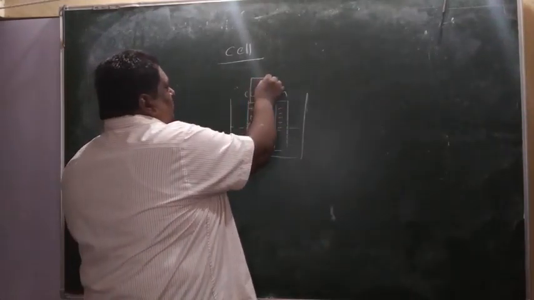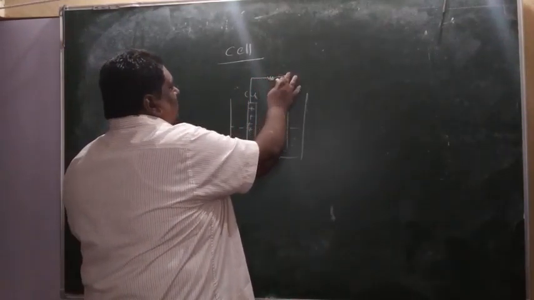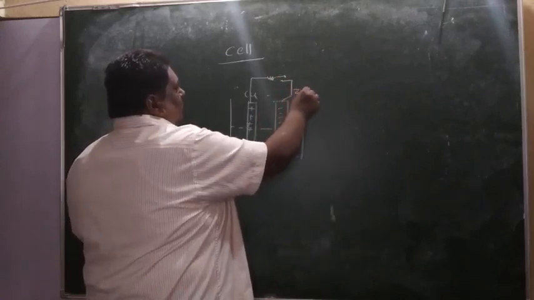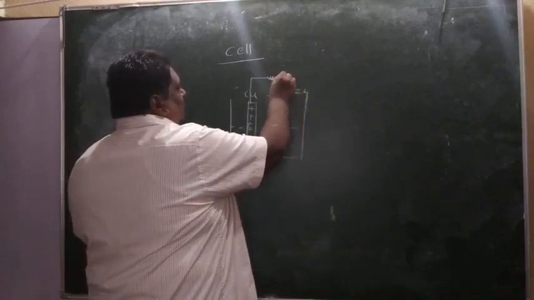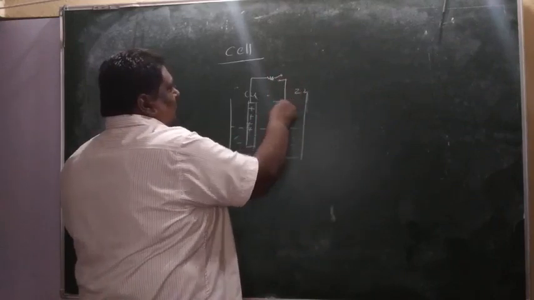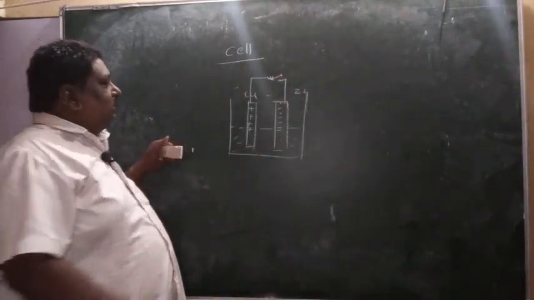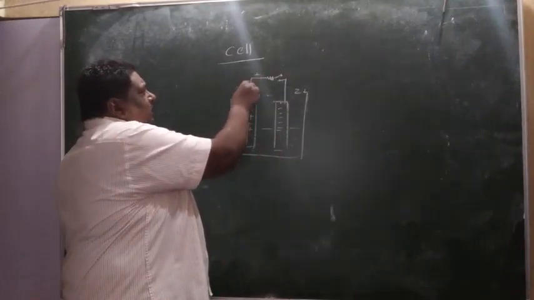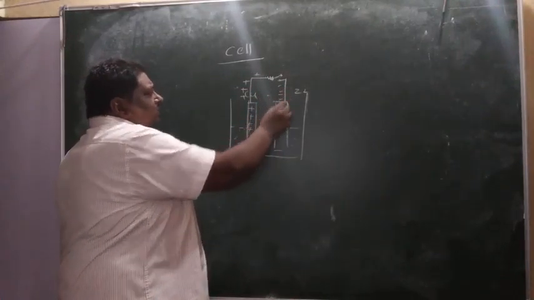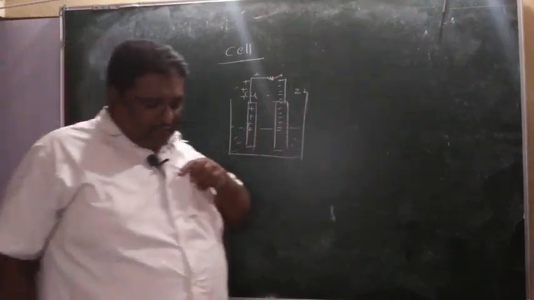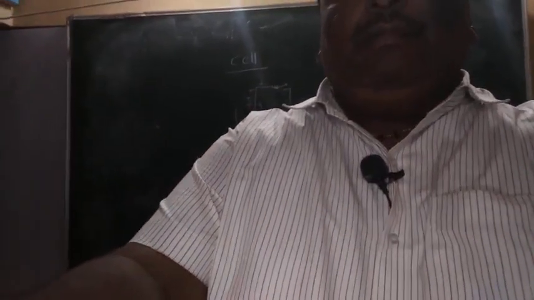Suppose these two are connected with one key and one resistor. It is a bulb. Then the positive charges are fully occupied here, the negative charges fully occupied here, and ready to go. Therefore, in this manner, the highest voltage will be built up.